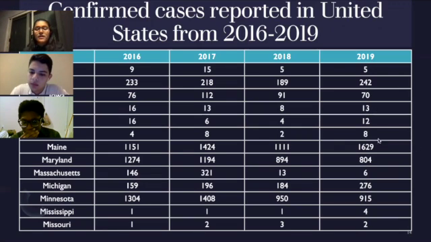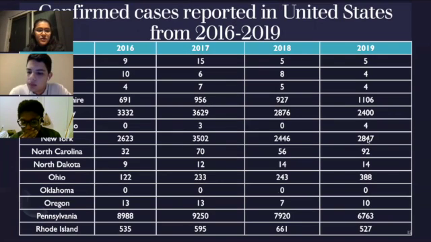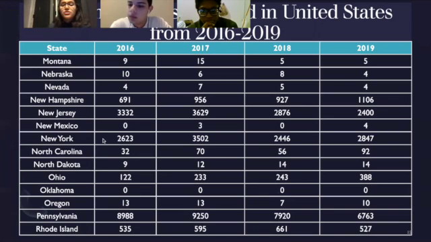In 2019, out of this chart, Maine was the highest with 1,629 confirmed cases. We also have, let me see right here, sorry, I just have to move this real quick, New Jersey being the highest. We also have New York and Pennsylvania with some of the highest confirmed cases.